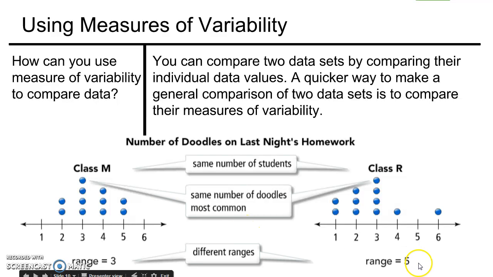So you would just look at the spread of the data. Like here we have a class with a range of 3. Here we have a class with a range of 5. So you would say that class M's data is closer together than class R's. Okay, and they may give you a couple questions like that on digits to compare two different data sets.